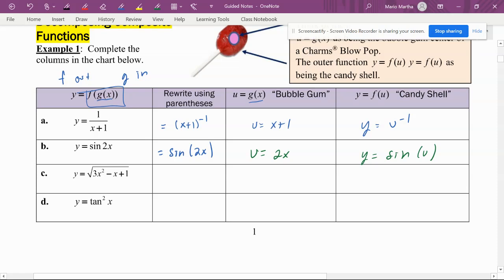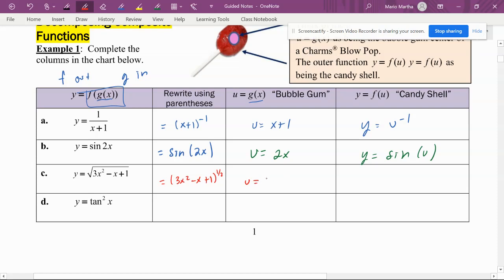So the first thing you want to do is rewrite it with parentheses, right? And again, it's a square root, so make sure you're rewriting it with a fractional exponent. So this is equal to 3x squared minus x plus 1 raised to the 1/2. And now we want to identify our u, right? Our internal function.